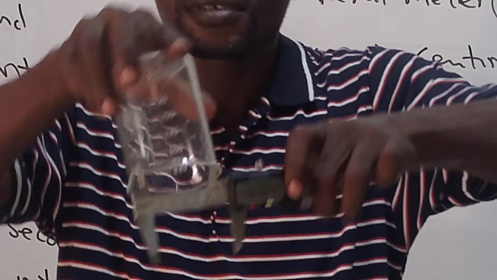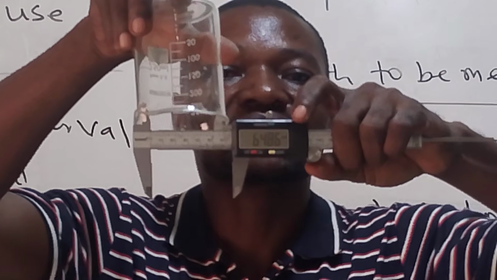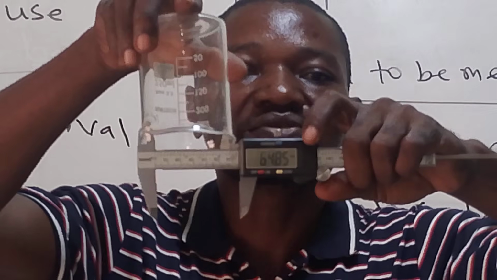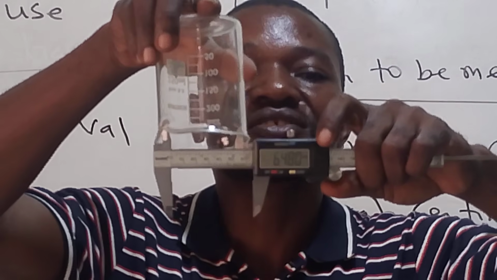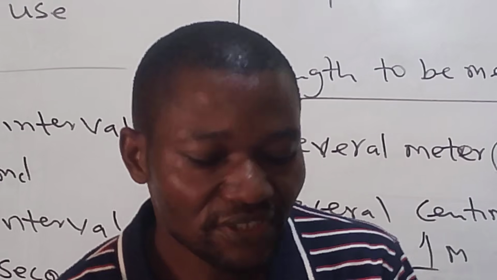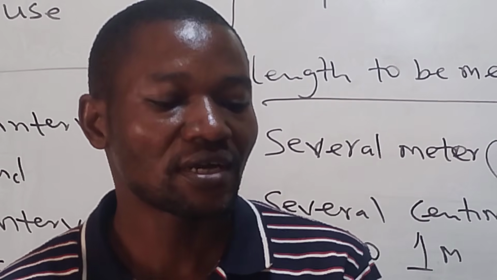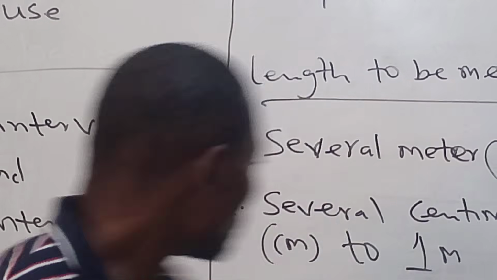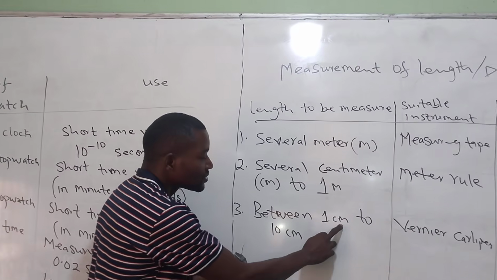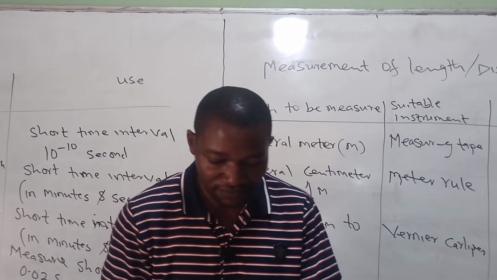So look at it. What is the reading? Yes. So that is what? The reading of the diameter of this beaker. So that is how we use vernier caliper for taking measurement between 1 cm to 10 cm.